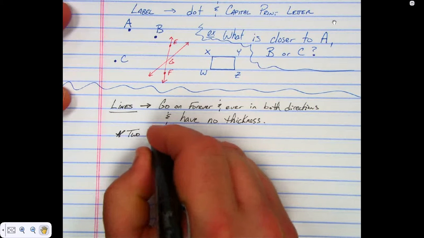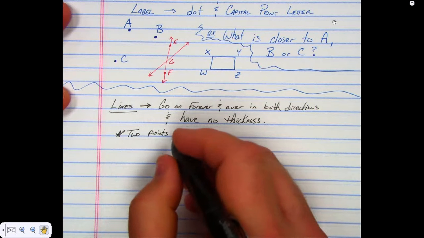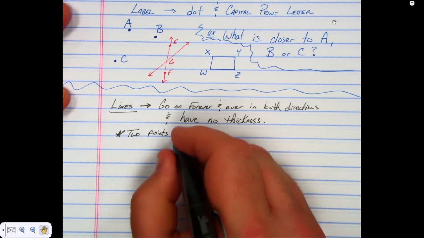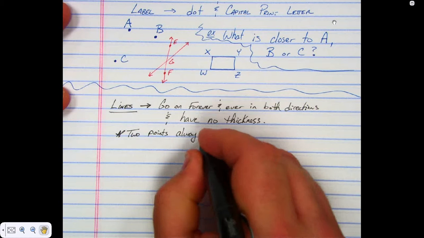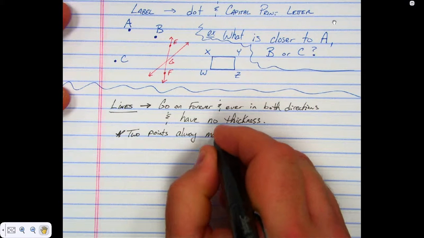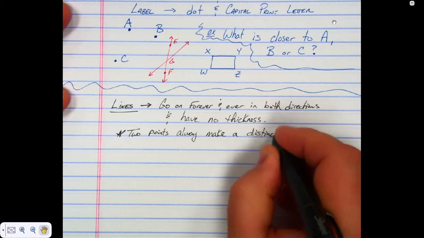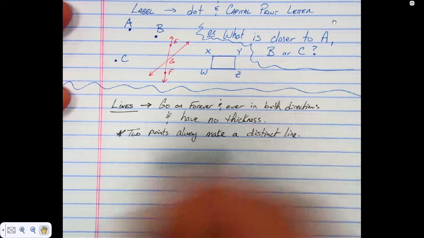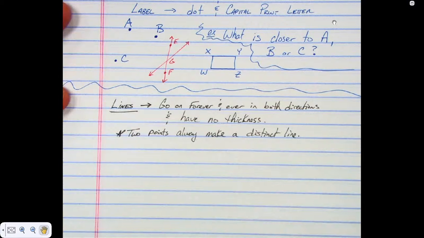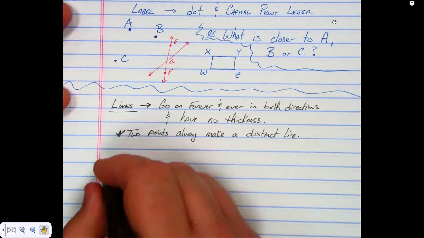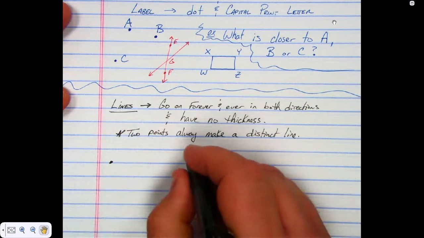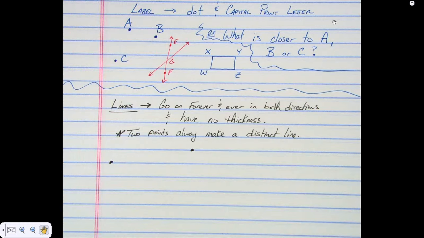Two points always make a distinct line. That's another fact. Think about it like this. If I have two points, what am I always going to be able to do with those two points?